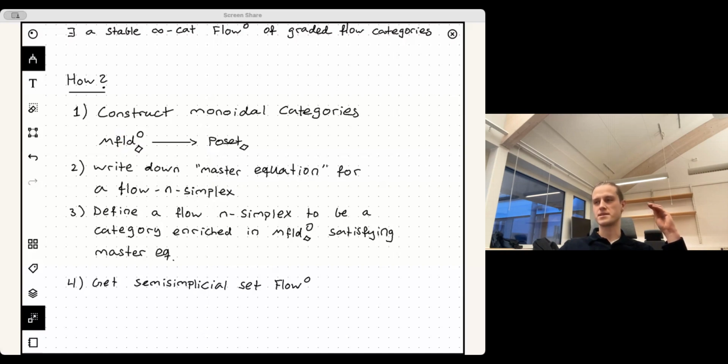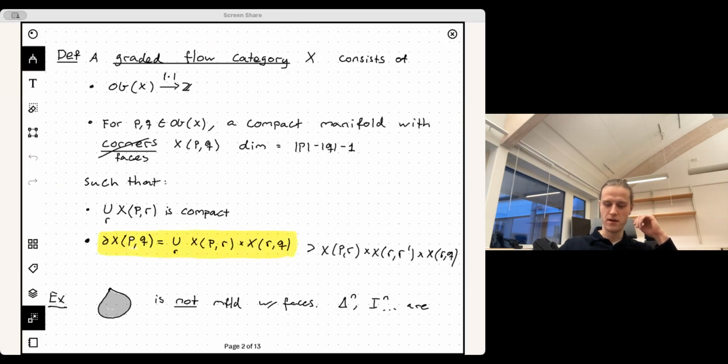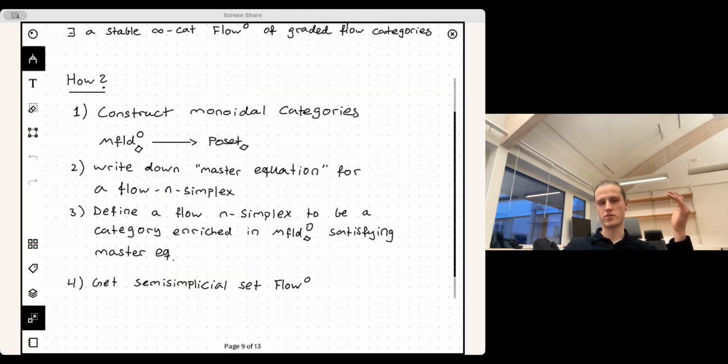They're only these strata inclusions. So if we go all the way back to the start, to define a flow category, we're not actually thinking about any smooth map of manifolds. We're only saying something about inclusions of boundary strata. So that's the morphisms that are allowed to show up in this monoidal category, and the product structure is just the product of manifolds.